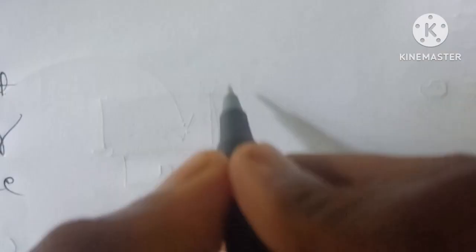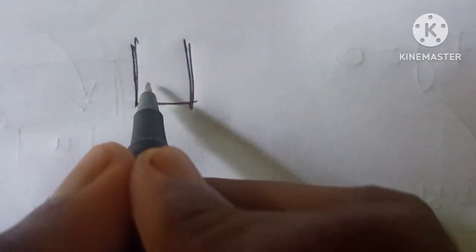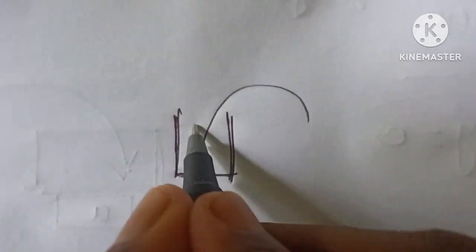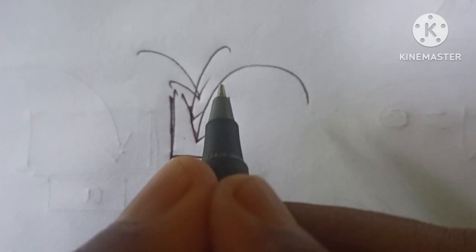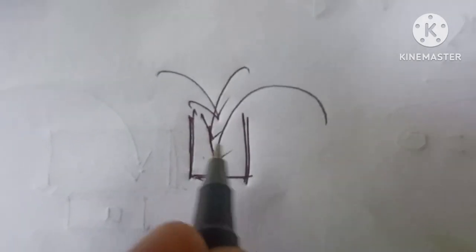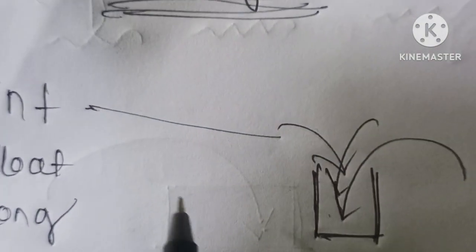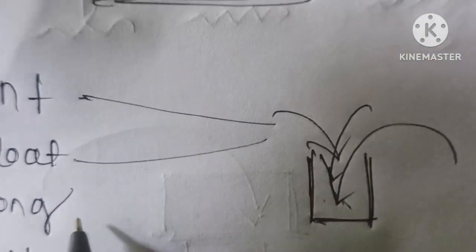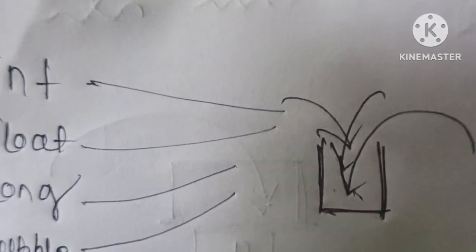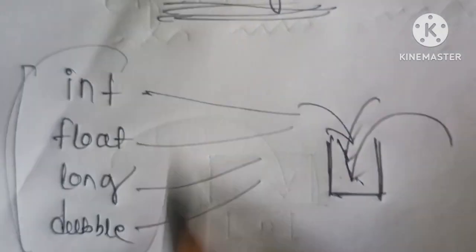Let us assume this is a container. So which type of data is stored? If integer data is stored, or float data, or long data, or double data. So which type of data will be stored in that variable, it shows our data type.